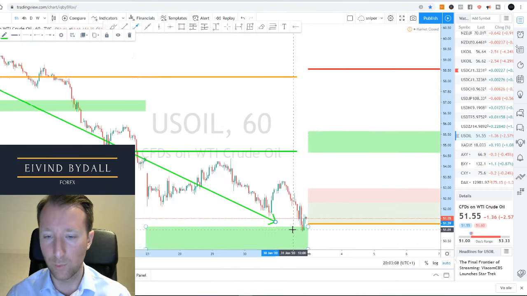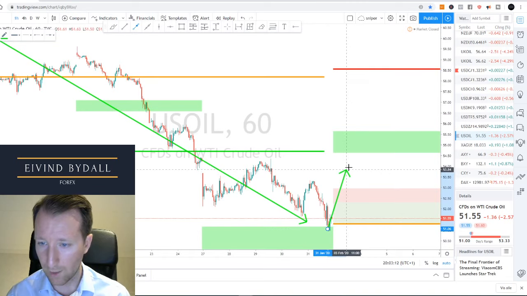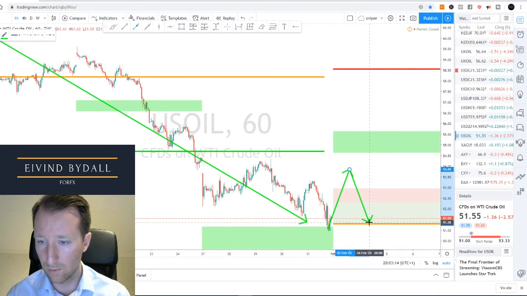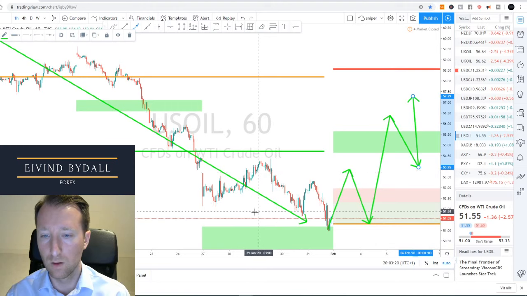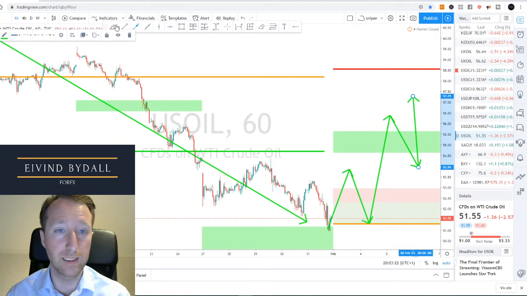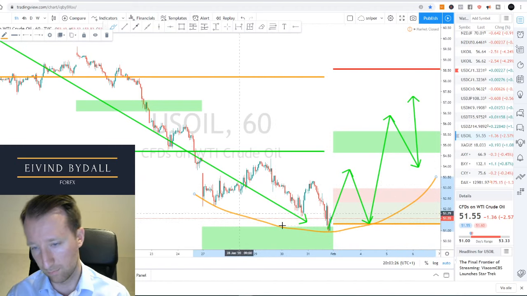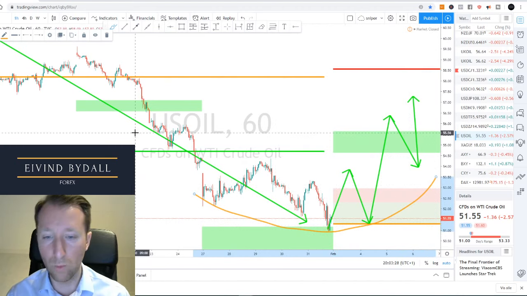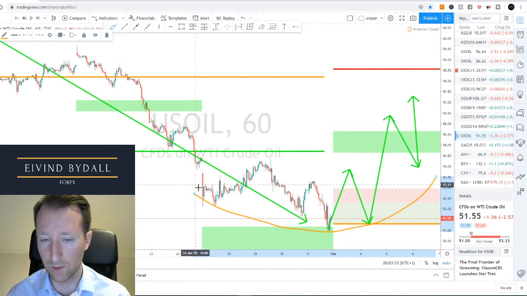Then how do we play this one? This one is interesting. Do we need to make a new high? Do we need to make a double bottom, then high, then you buy it again? We could see something of a more round bottom, like what happened on the Euro USD. I will show that later on a 1 hour.